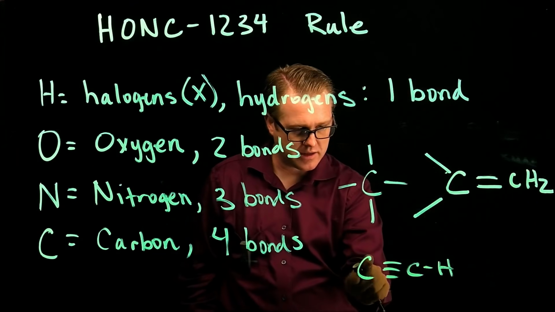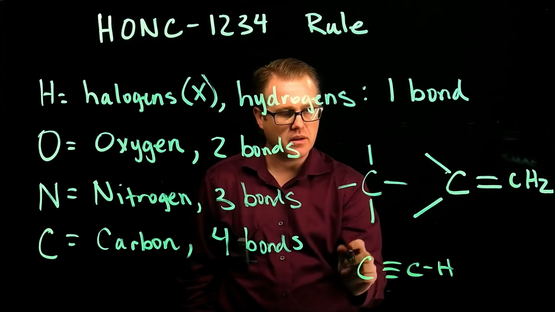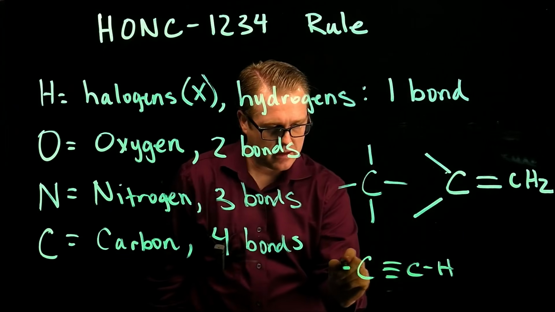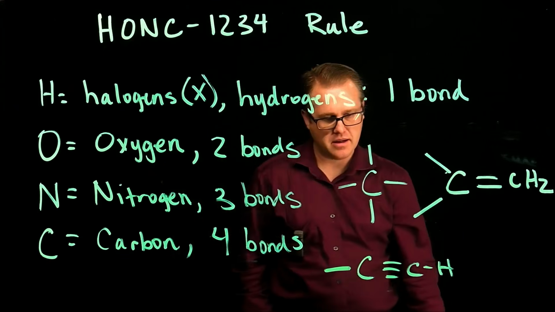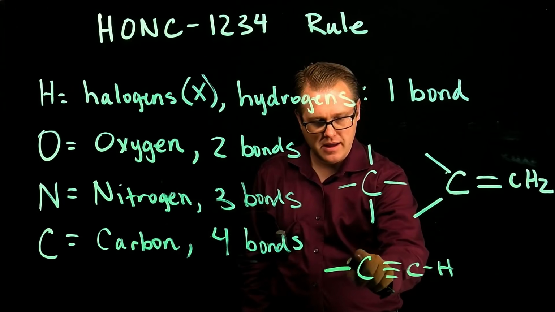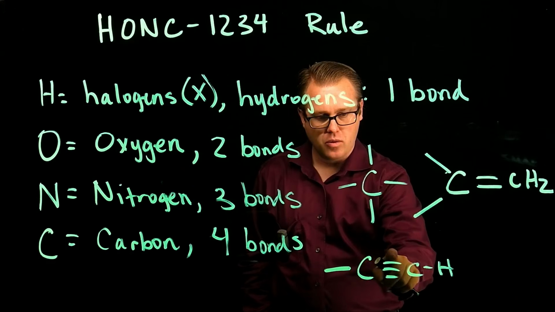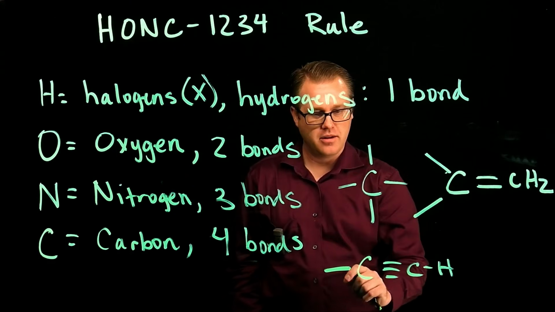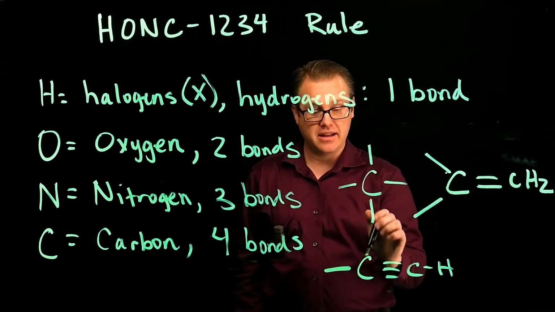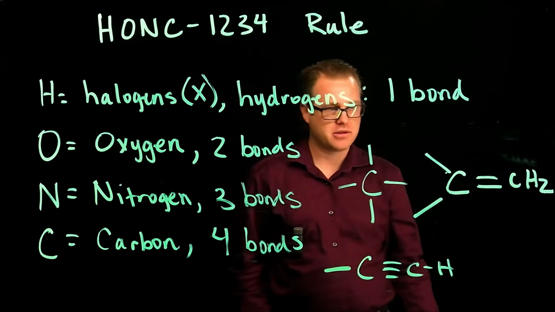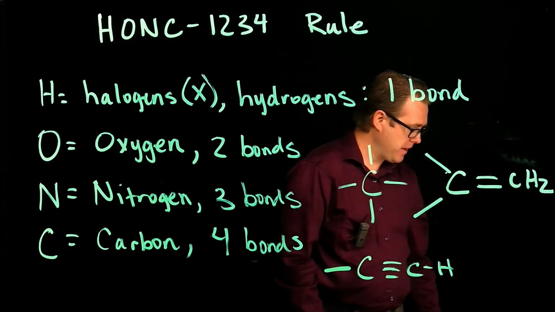So I'm focusing on this carbon right here. Okay, and we could draw another methyl coming off of that. So this carbon right here, how many bonds does it have? 1, 2, 3, 4. That means it has 8 electrons around it, so no lone pairs. Okay.